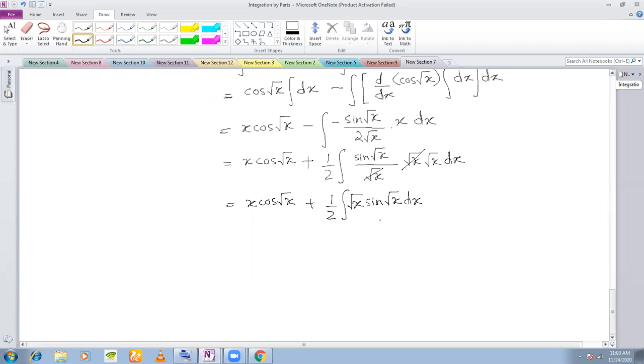Now again you have to integrate root x sine root x by parts. So x cos root x plus half. Here you treat root x as your first function, because root x is an algebraic function. Or you can treat this one as your second function actually, because you cannot integrate sine root x.